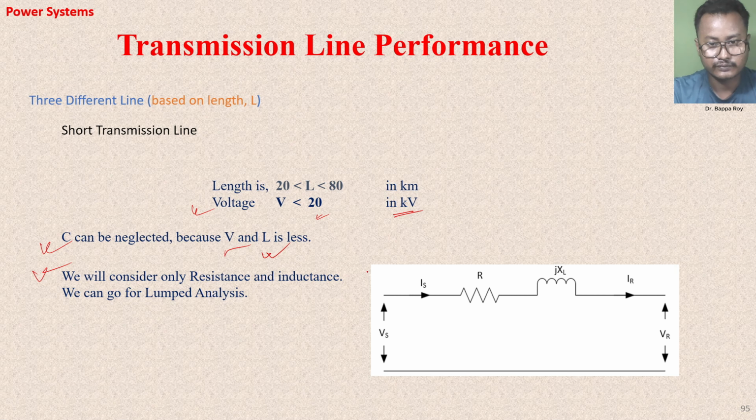Here is the diagram of one short transmission line where only resistance and inductance values will be considered for the calculations. This is the sending end current, this is the receiving end current, this is the sending end voltage, and here is the receiving end voltage. Simple diagram for analysis.